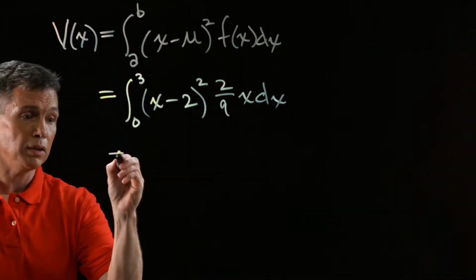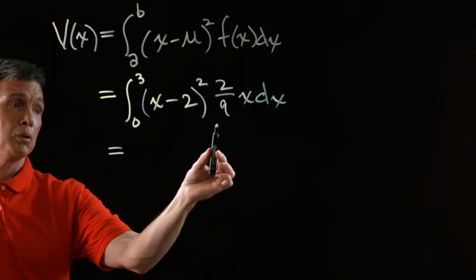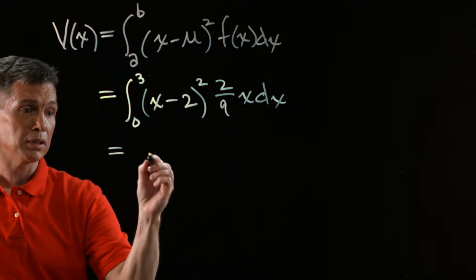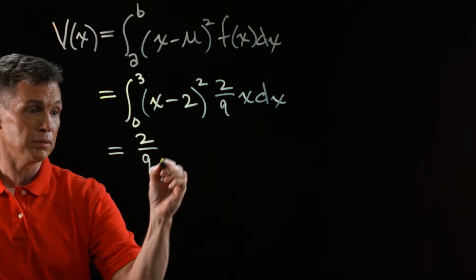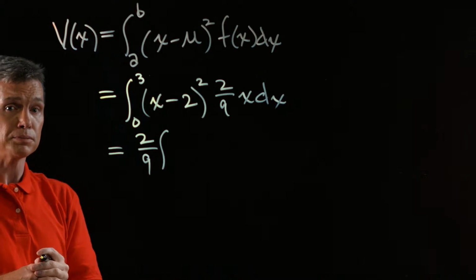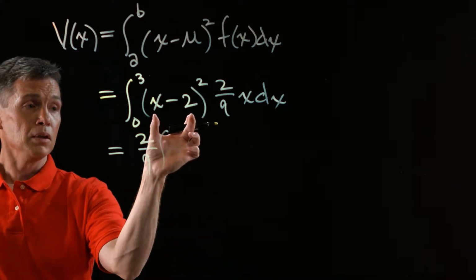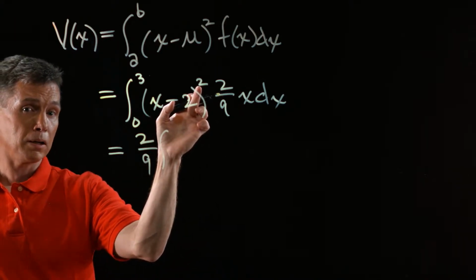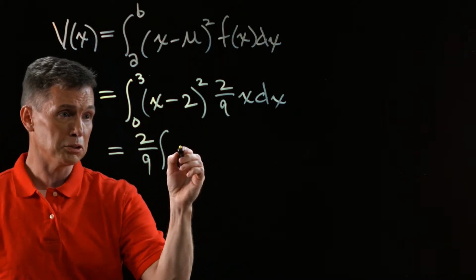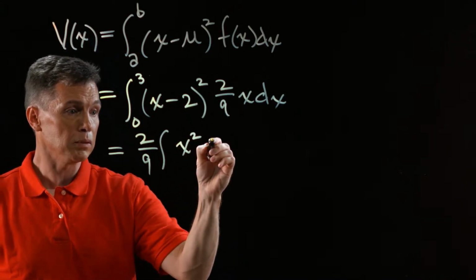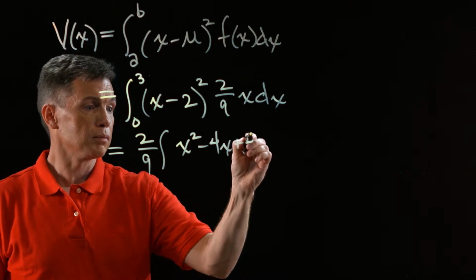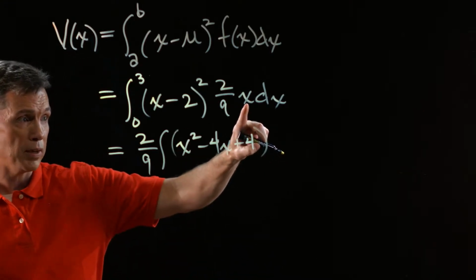Next step I would take is to clean up a little bit. I would take the 2/9 factor on the inside and bring it out in front. Again, the integral of, and here on the inside, we have parentheses squared. I'm going to go ahead and FOIL that. So a little bit of algebra in this step as well. And you'd still have this factor of x.